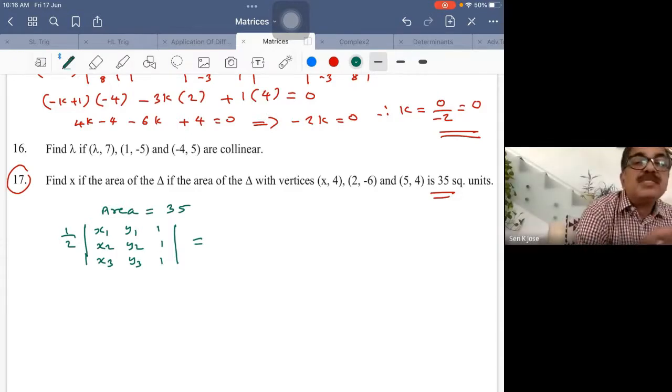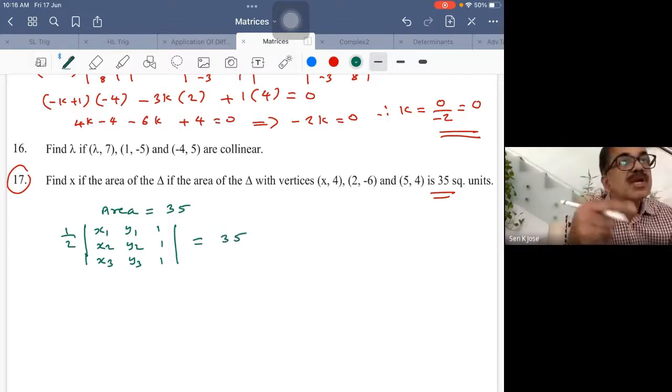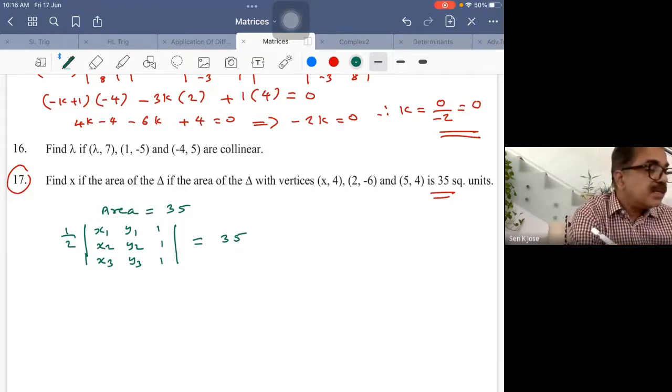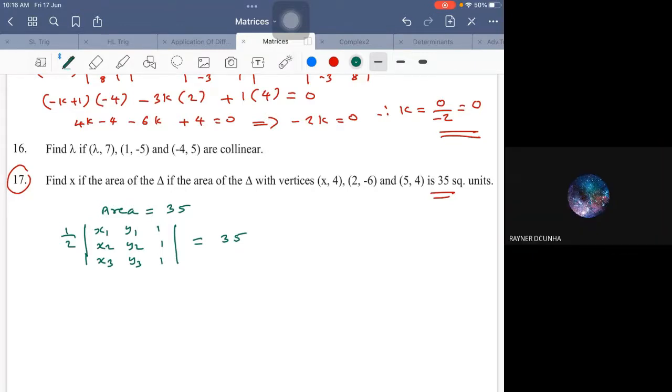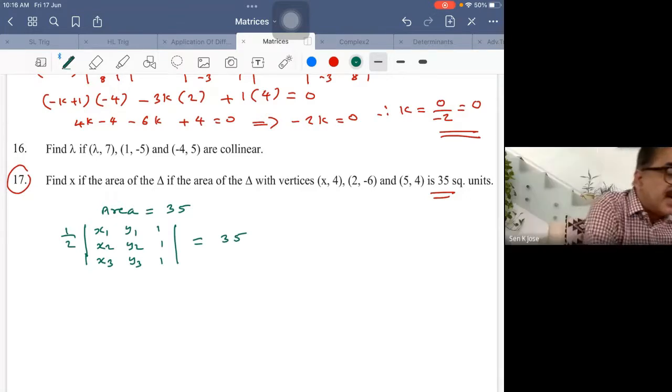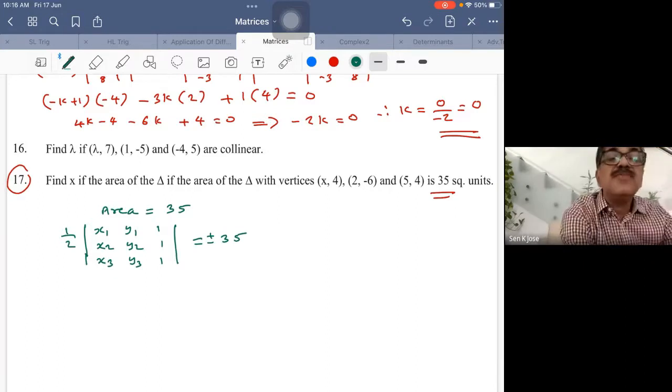Can anyone make a small addition to this? It should definitely be equal to 35. This statement is not wrong, it's correct, but it can be a better answer. So plus or minus 35. Yes, Humaira, it can be plus or minus 35 because we saw in one question, when you do the determinant it doesn't have to be always positive. Determinant can be negative.